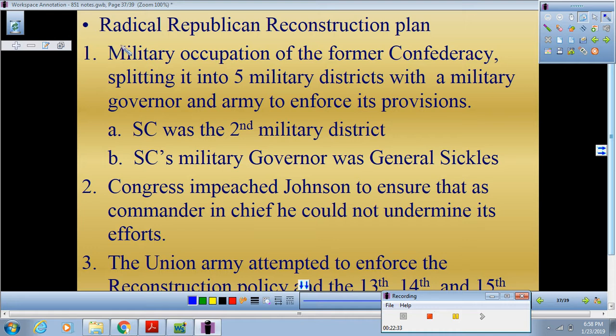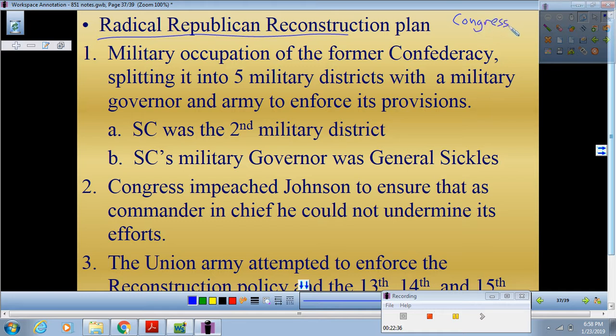So here are the 3 parts of the Radical Reconstruction Plan. Congressional Reconstruction. Military occupation of the former Confederacy, splitting it into 5 military districts with a military governor and army to enforce its provisions. South Carolina was District 2.